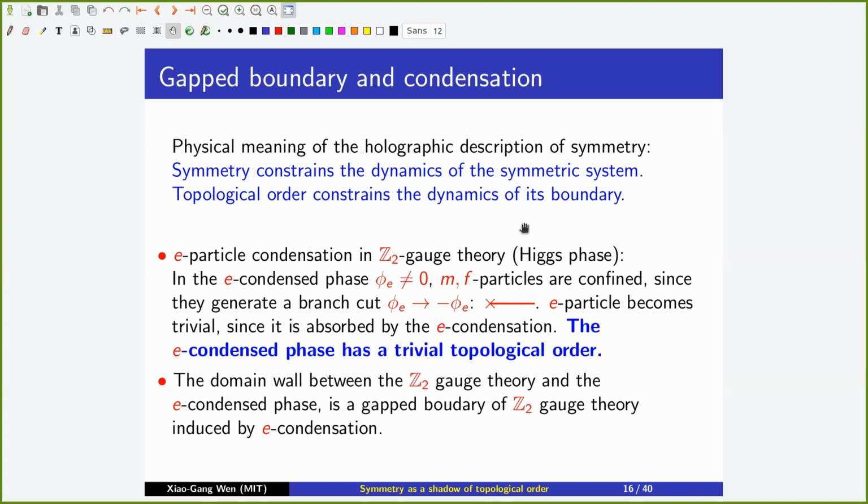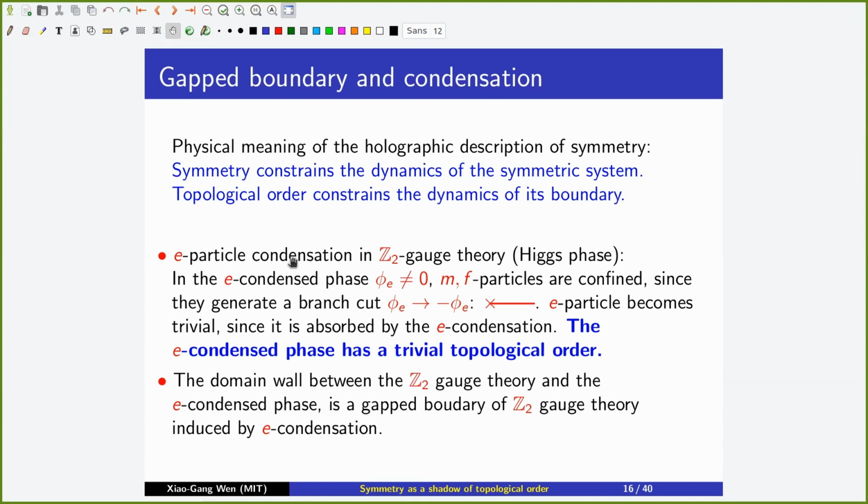So to really see the boundary, we can consider the following. Let's consider just a condensation of the E particle in this Z2 gauge theory, and that's just the Higgs phase. We condense the E particle. Then in the condensed phase, the E particle disappears. It's just absorbed by the vacuum.